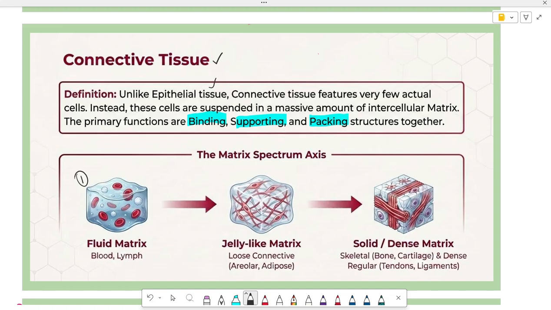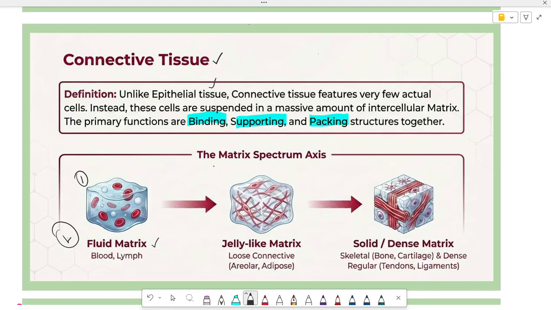Between the cells there is a liquid present. That liquid is called matrix. The substance present between cells, in the intercellular spaces, is called matrix. Here the matrix is in fluid or liquid form, so we call it a fluid connective tissue.